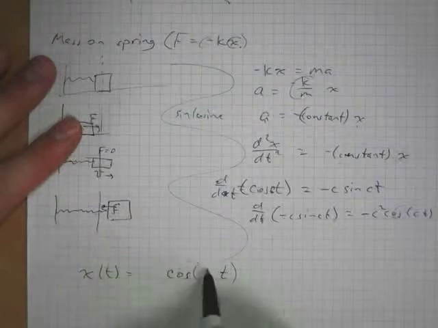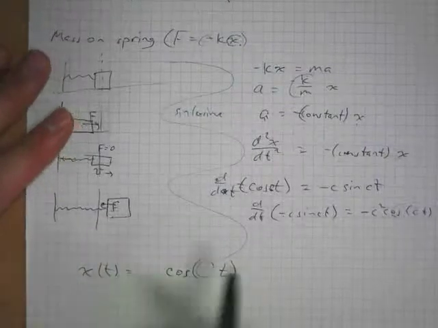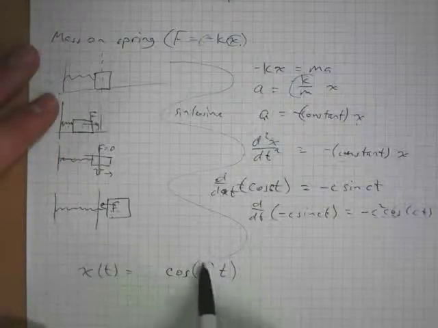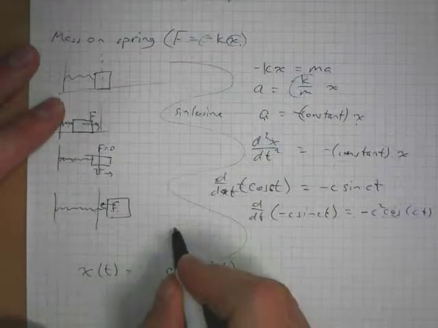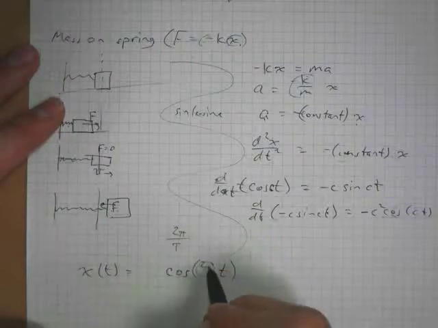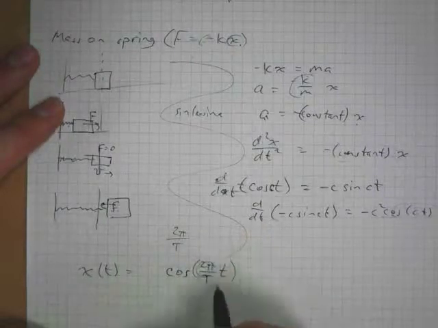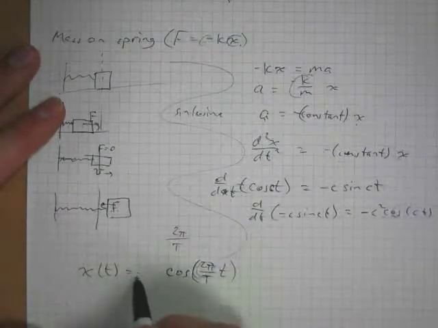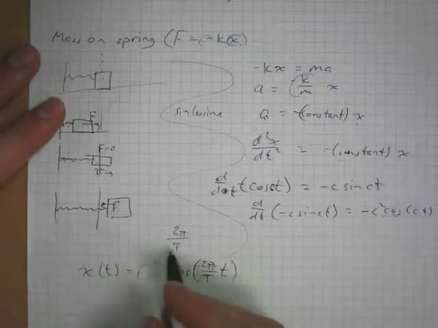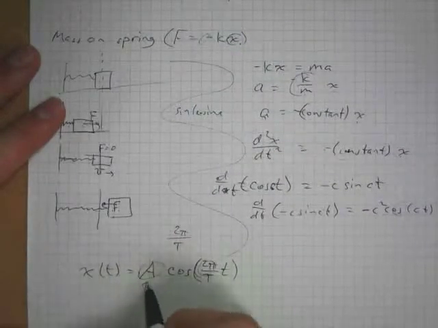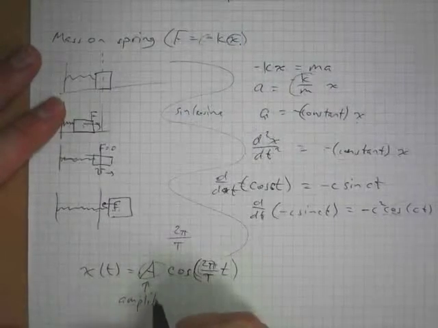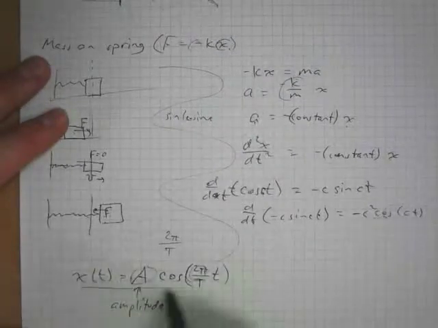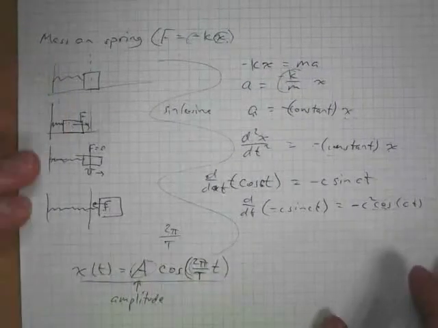You may not remember from trigonometry, but what goes in here is 2 pi over the period. That's what goes inside our cosine, and that's how we get a period of T for our cosine function. Out here we have the amplitude, or the maximum displacement from equilibrium. We call that A. So this is our position as a function of time for any simple harmonic motion.